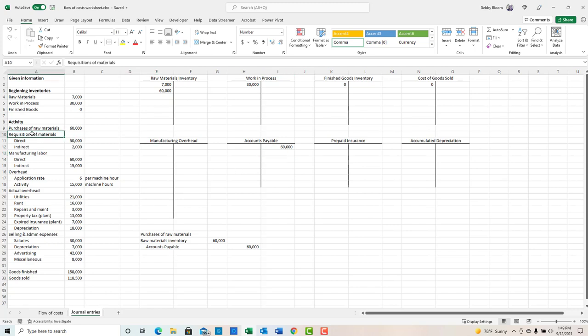The next thing that we're going to do is requisition $50,000 of direct materials. To requisition direct materials, we're going to debit work in process inventory for the amount of the requisition, 50,000, and we're going to credit raw materials inventory.